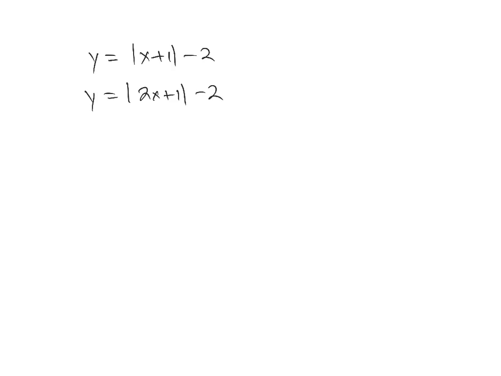But the 2 times x, the 2, the coefficient on the x, is inside the function. So it would be a horizontal shrink. It's opposite what you think.